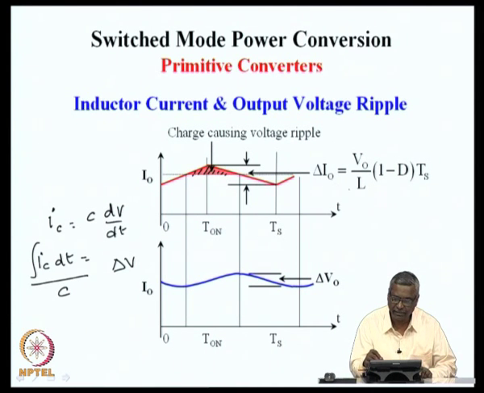Delta I naught we had seen earlier is V naught by L into the off period, and the off period is 1 minus d times Ts.